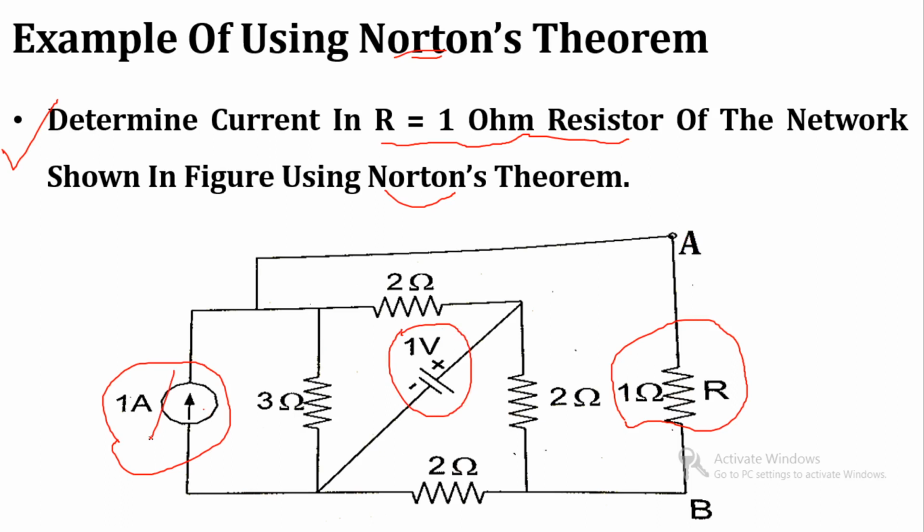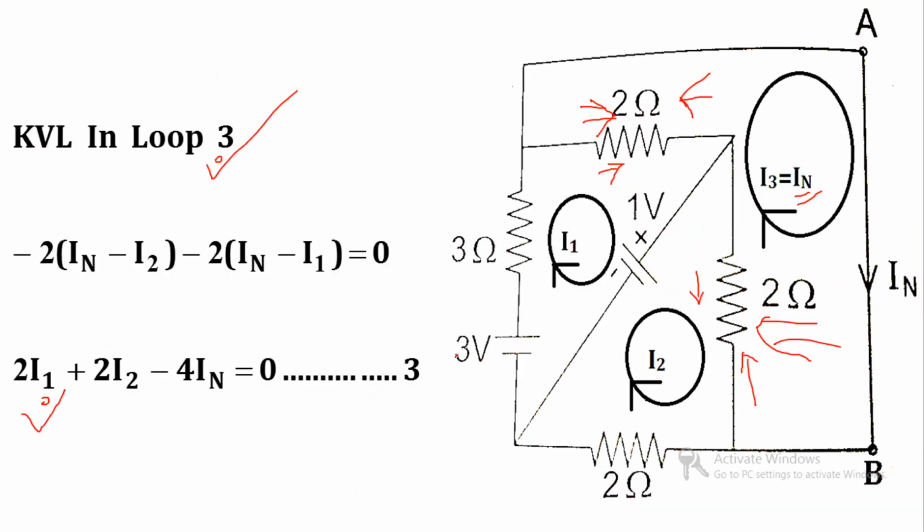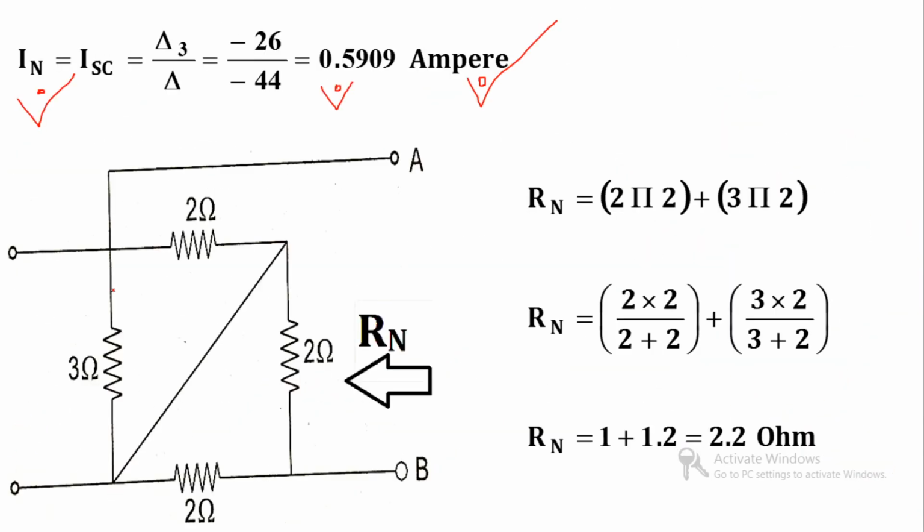So this will be open circuited and this will be short circuited. Clear? So this current source will be open circuited and this voltage source is short circuited.